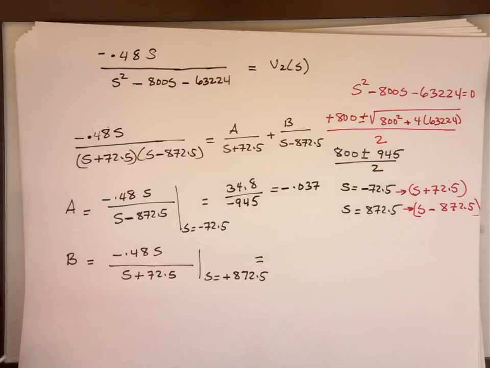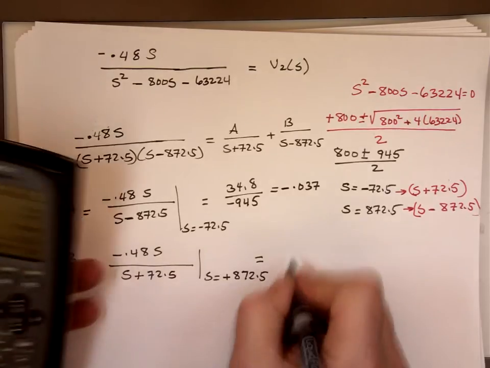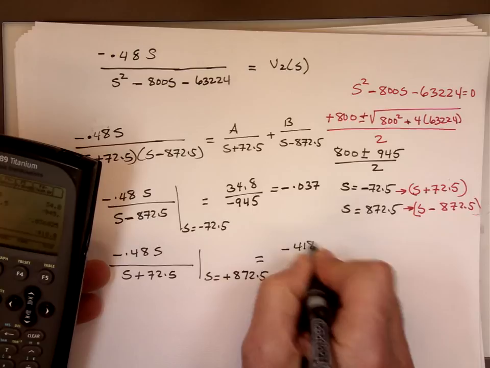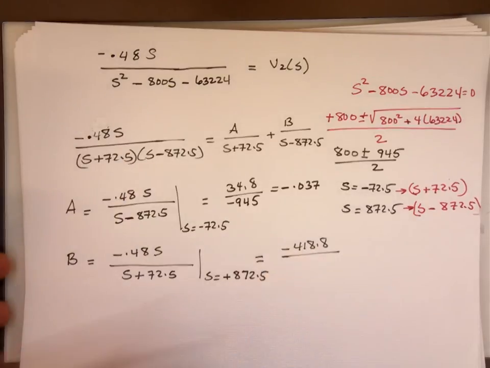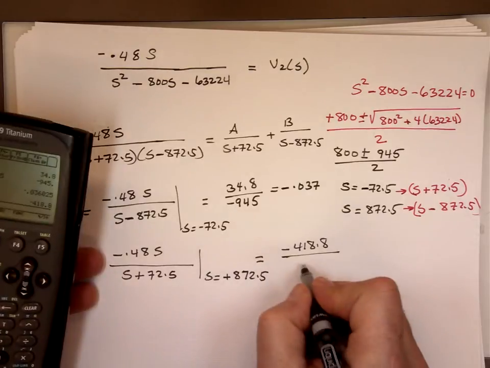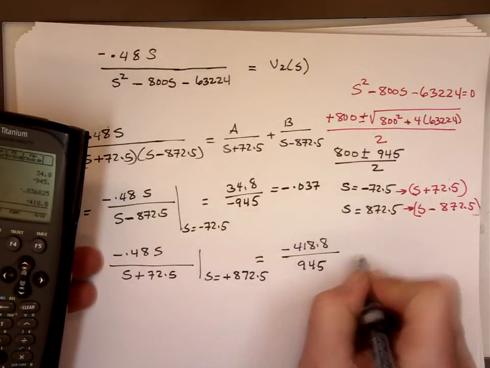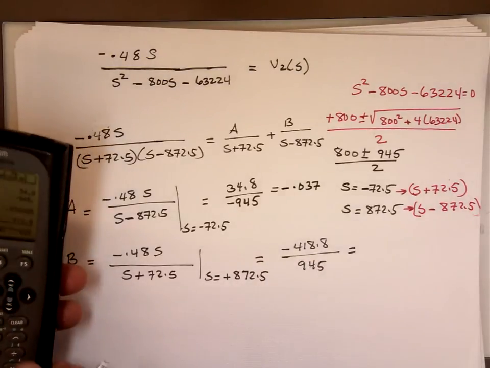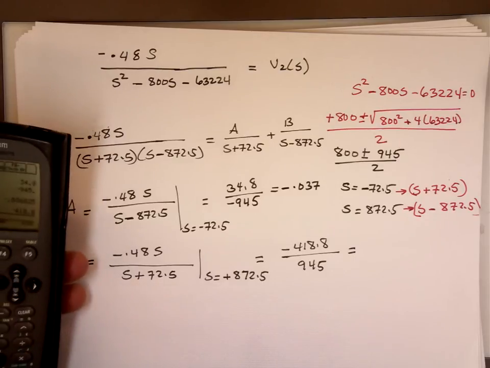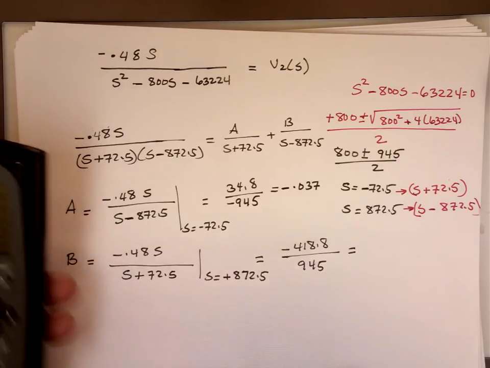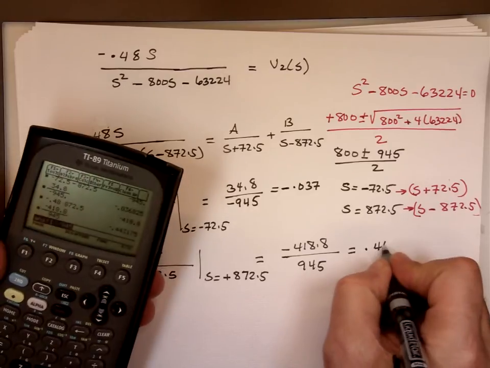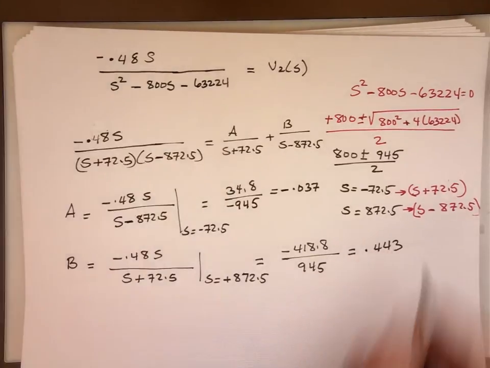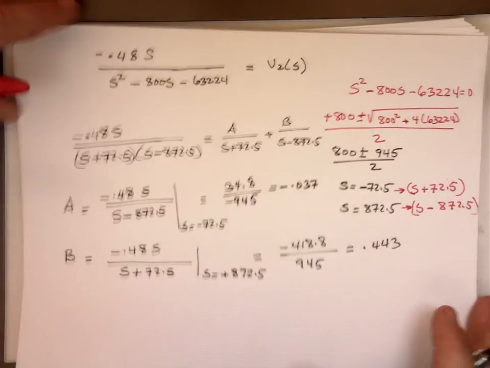Negative 418.8 over, that's, I think, 945 here. Negative 0.443. Yeah, it's there.